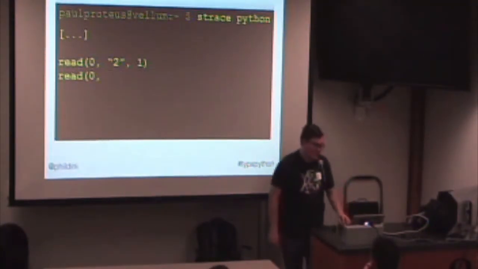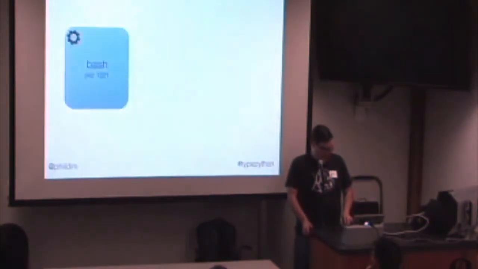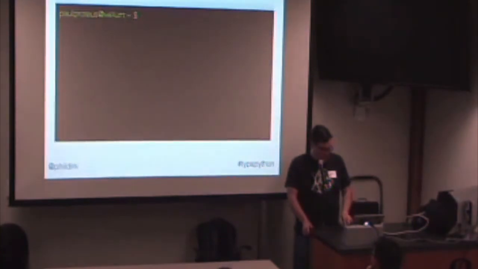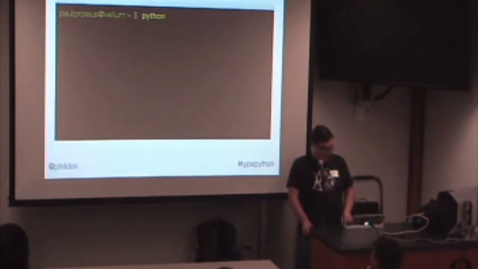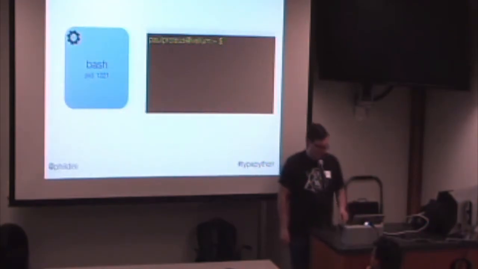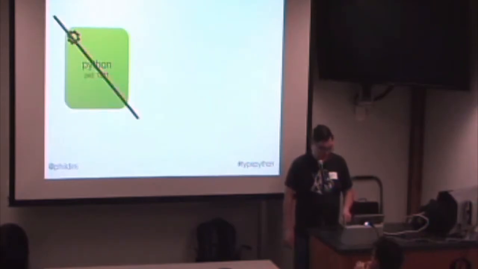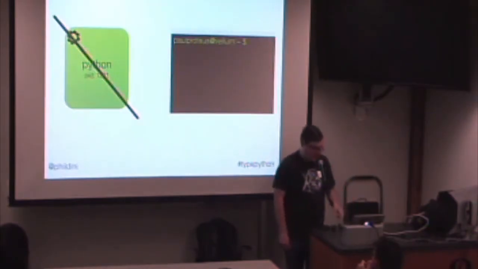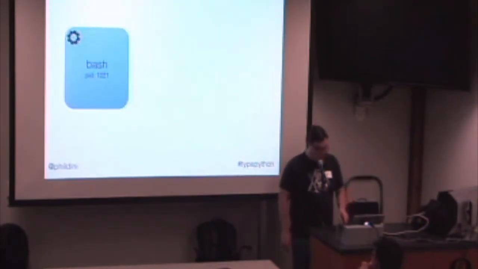Oh yeah, I can repeat the question. So the question was, if you do something like exec Python in your shell, and then you quit Python for whatever reason, you would get that process completed. And the way that bash avoids doing that is by forking itself, so there's a separate process.